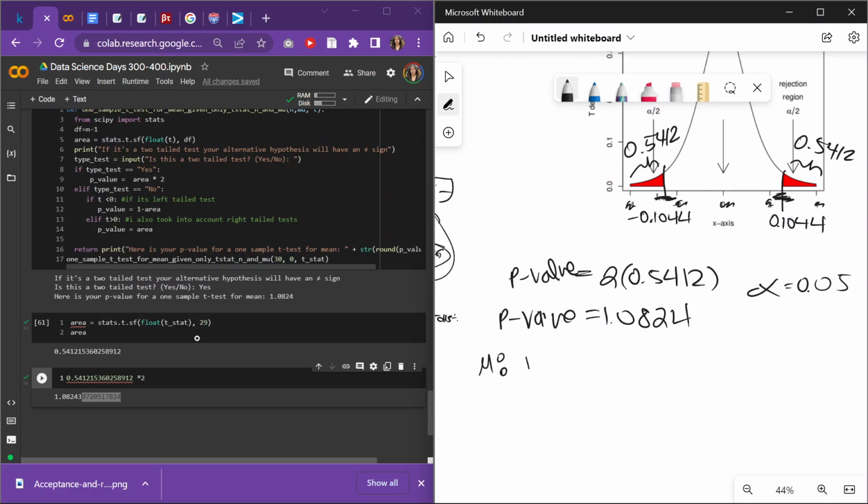And so our p-value is 1.0824, and we have to determine, well, obviously that is very much greater.